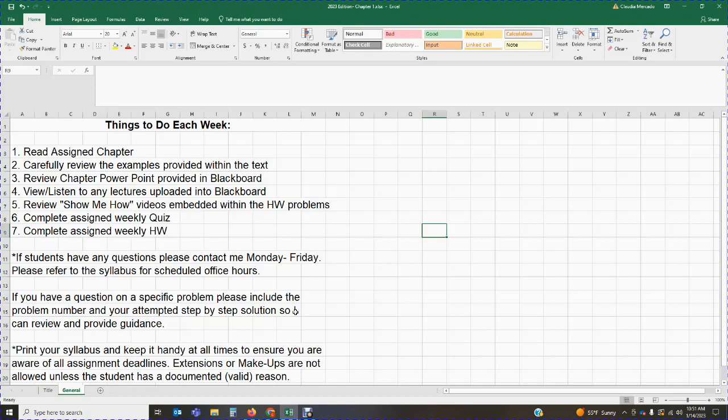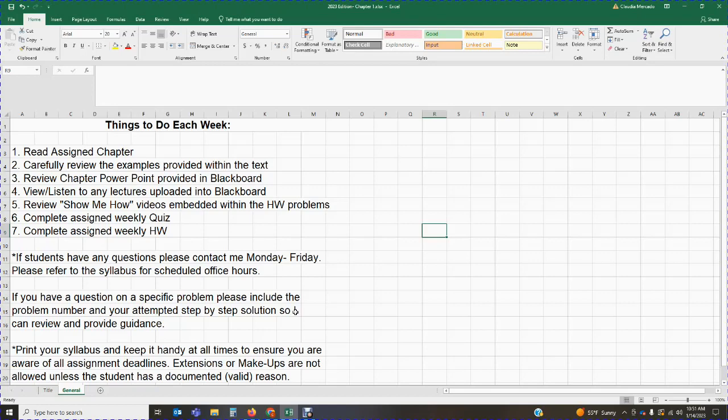Okay, don't just tell me problem 2. When I create homework, the problems get mixed up. Every student has them in different orders, so it's very difficult for me to figure out which one is problem 2. But if you tell me problem 2-9, then I know exactly which problem you're looking at. So give me the specific problem that you're working on.